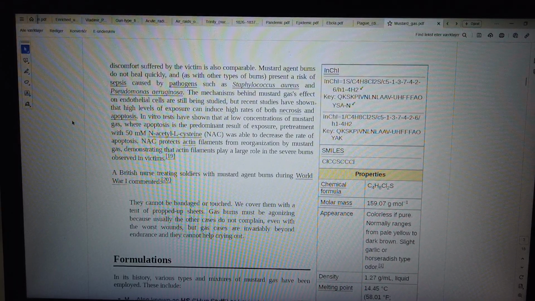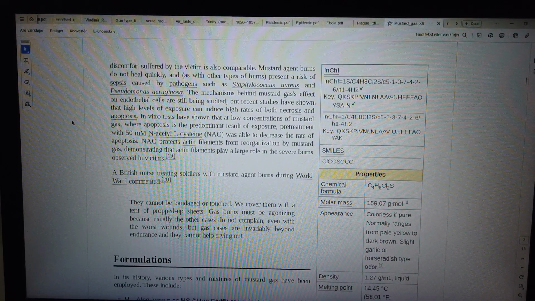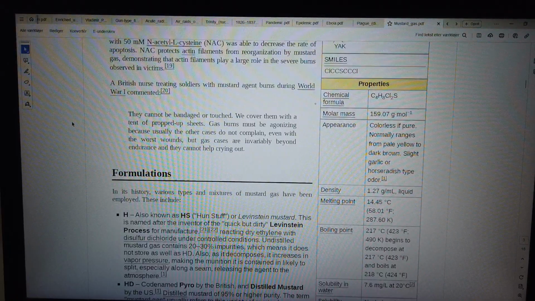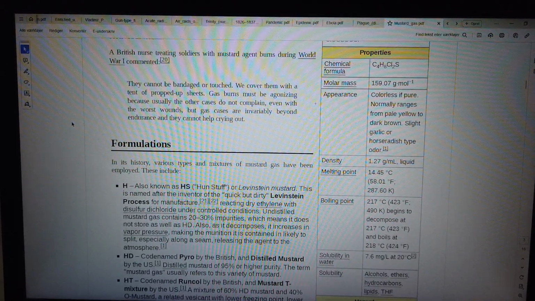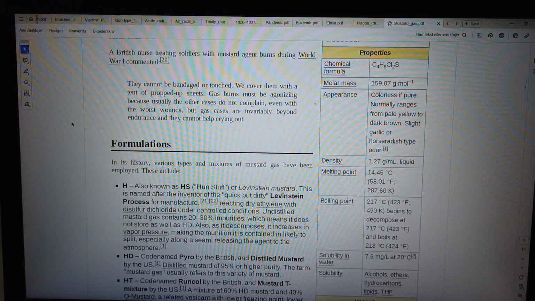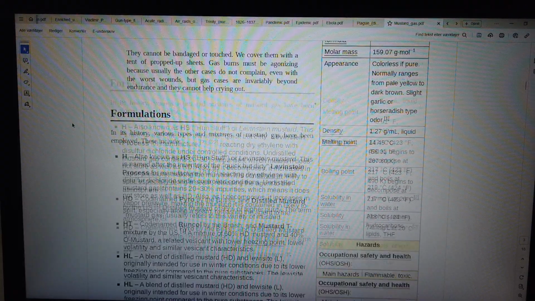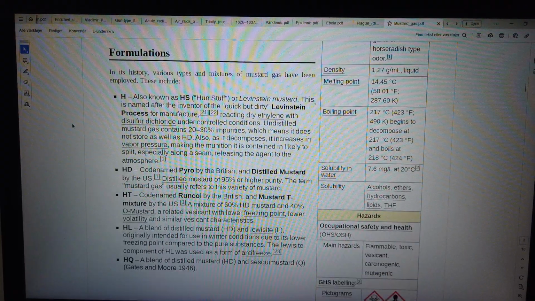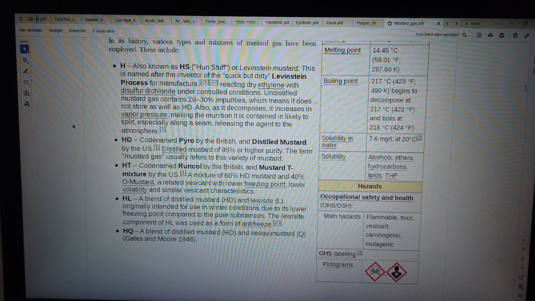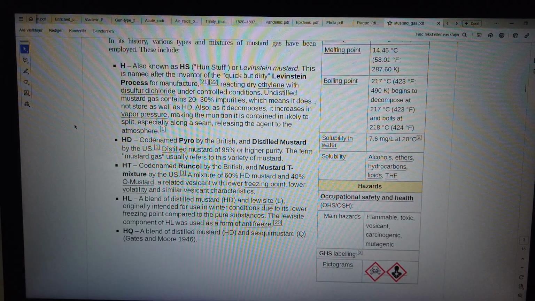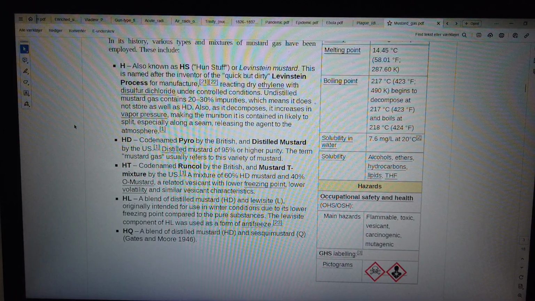Liquid melting point 14.45 degrees C, 58.01 degrees F, 287.60 K. Boiling point 217 degrees C, 423 degrees F, 490 K; begins to decompose at 217 degrees C, 423 degrees F, and boils at 218 degrees C, 424 degrees F. Solubility in water 7.6 mg/L at 20 degrees C. 2. Solubility in alcohols, ethers, hydrocarbons, lipids.